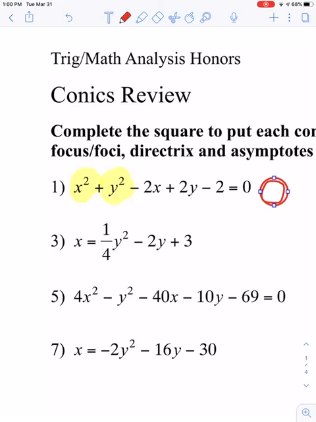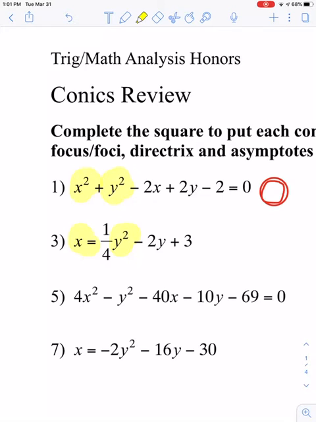Okay, so let's go to number 3. x equals 1/4 y squared minus 2y plus 3. This absolutely 100% must be a parabola. x is to the first power, y squared is to the second power.